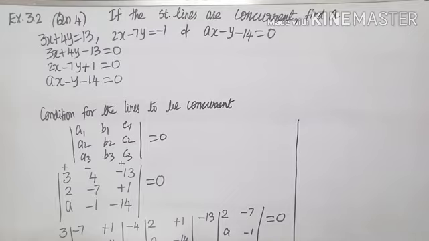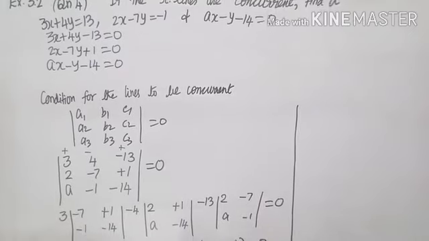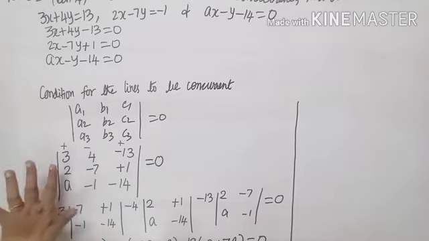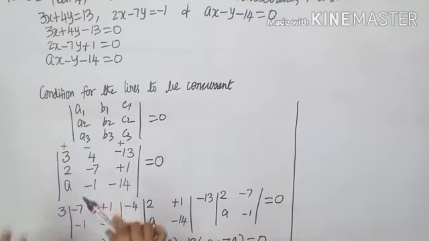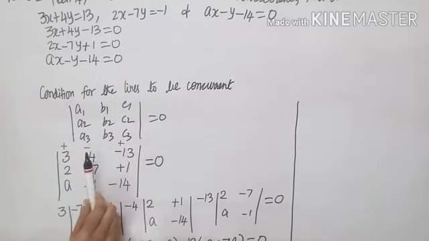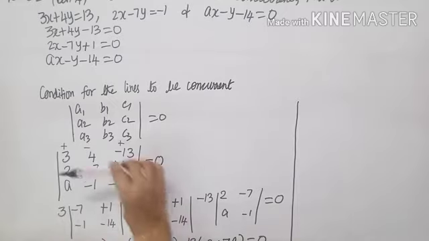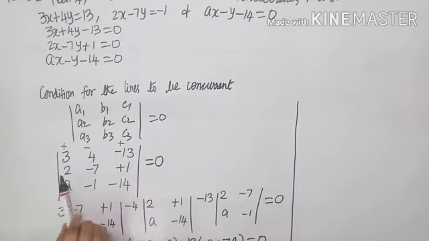As we expand the determinant, it is 3 into, hide the row and column, minus 7, 1, minus 1, minus 14. Minus 4 into, hide the row and column, 2, 1, a, minus 14. Minus 13 into, hide the row and column, 2, minus 7, a, minus 1.